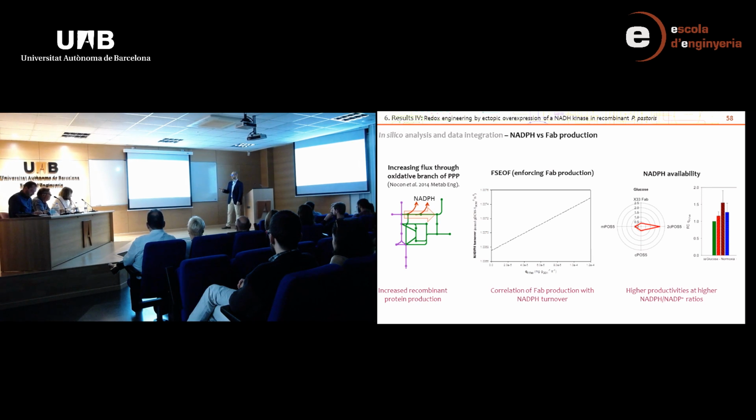In these strains with increased NADPH generation, they also observed an increase in recombinant protein production. We also checked with the model that there's a correlation of fat production with NADPH turnover. Finally, by integrating data from NADPH availability with the fat productivity, we can see that the strain that has the higher NADPH availability or NADPH to NADP ratio is also the one that has higher recombinant protein productivities.